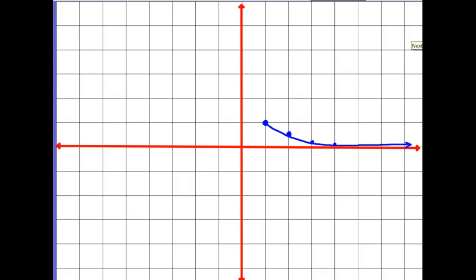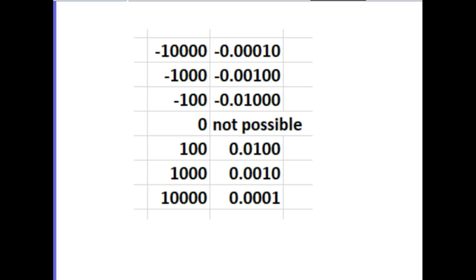So this would be taking the points on that Excel spreadsheet and putting them on my graph, and this is going to get closer and closer to 0. But is it ever going to actually get to 0?